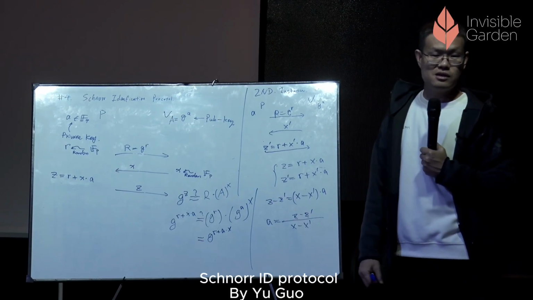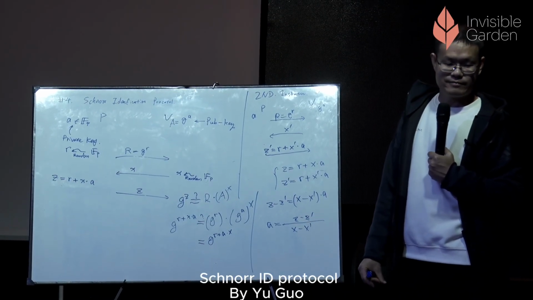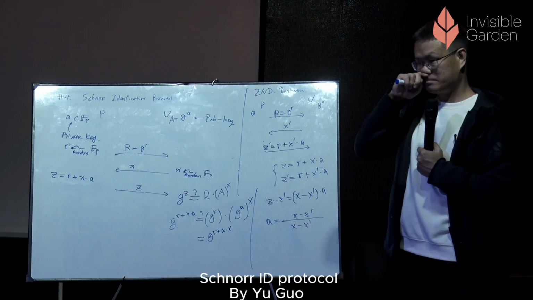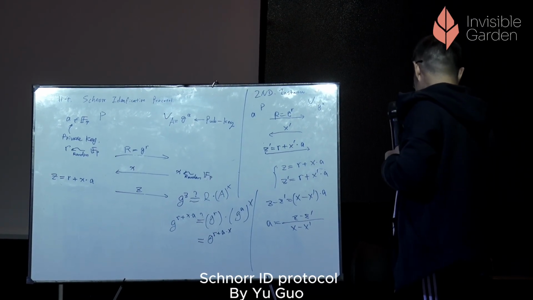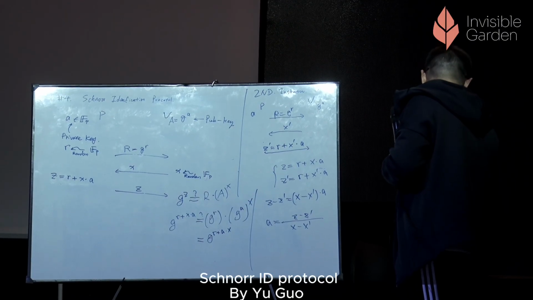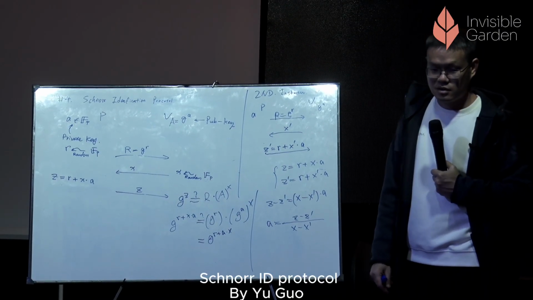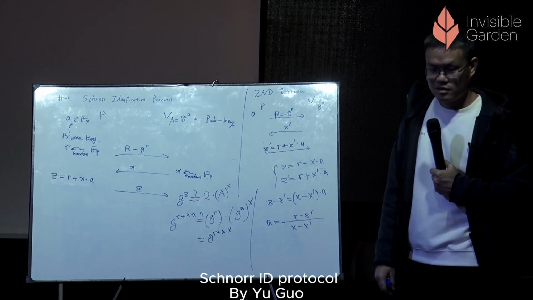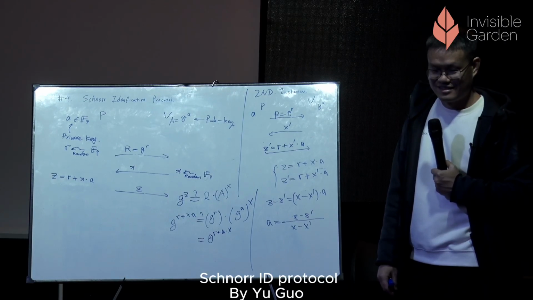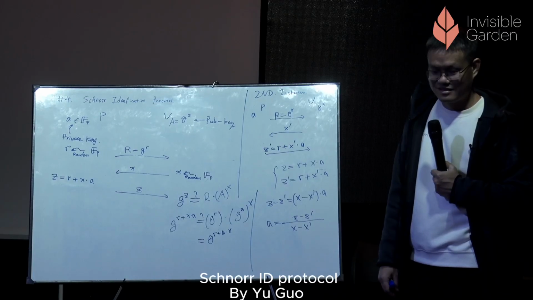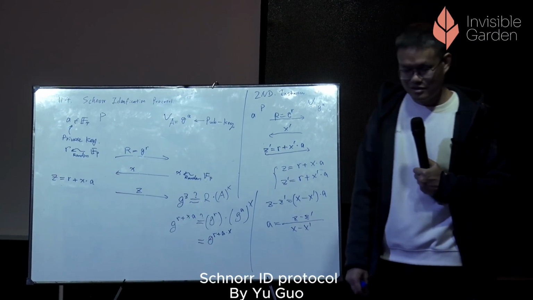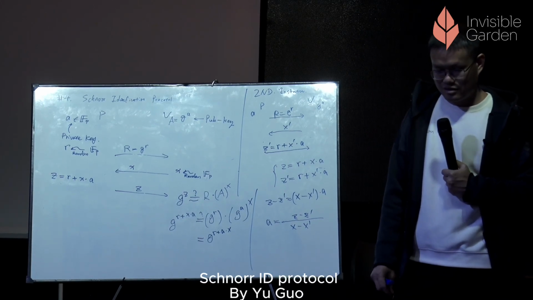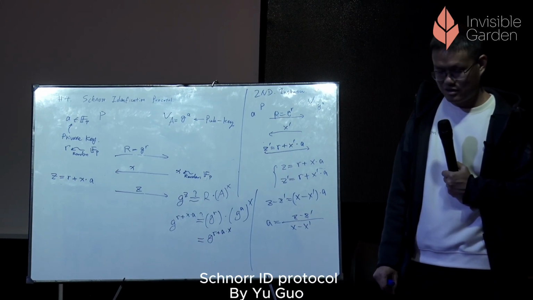Okay, any question here? So now all we know is that the verifier verifies the signer is the right guy. No message, just that you are the right guy. That's all we found out, the only thing: that the prover is the right guy.